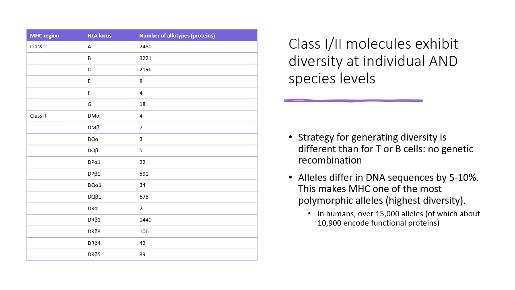I don't think it's particularly important that you remember that. And that's only a fraction of the actual alleles that we have. These are just the ones that encoded functional proteins. There's actually over 15,000 alleles. It just turns out that about 5,000 of them are broken and don't actually encode anything functional. So pseudogenes mostly.